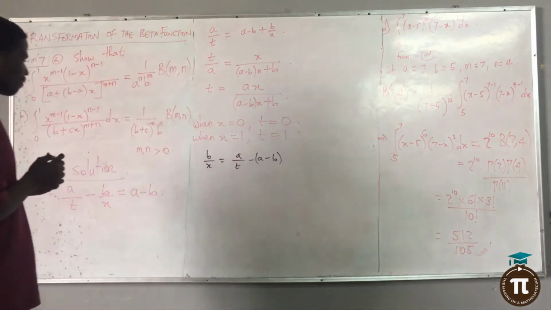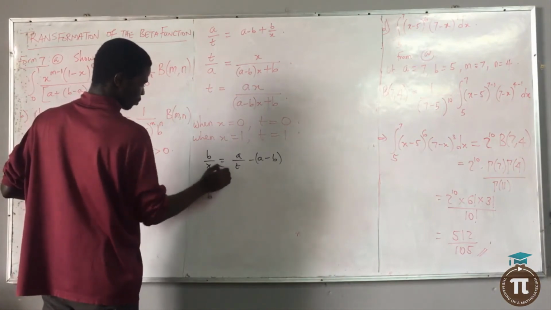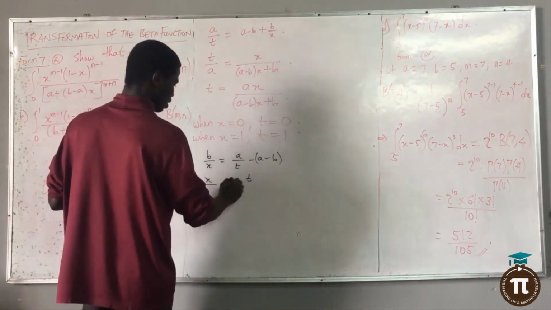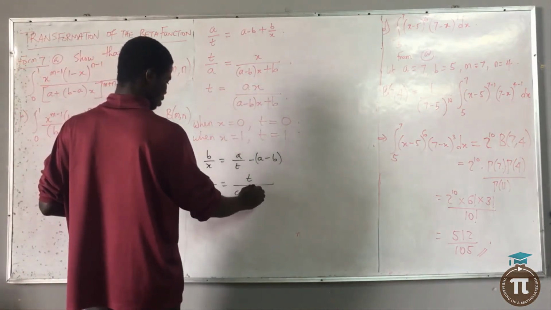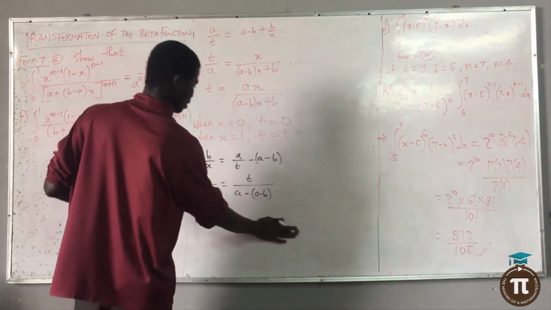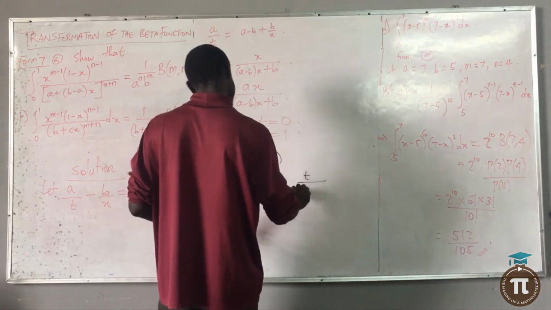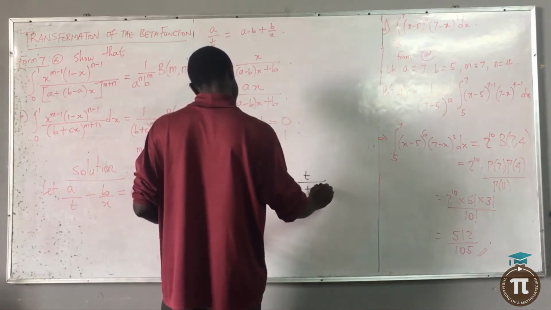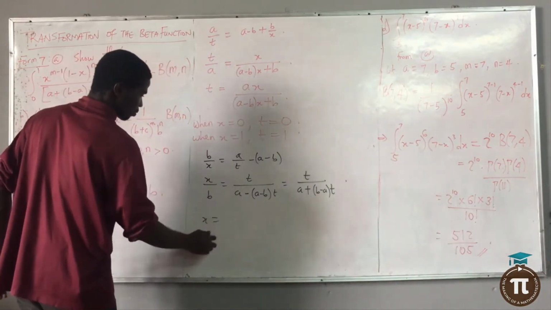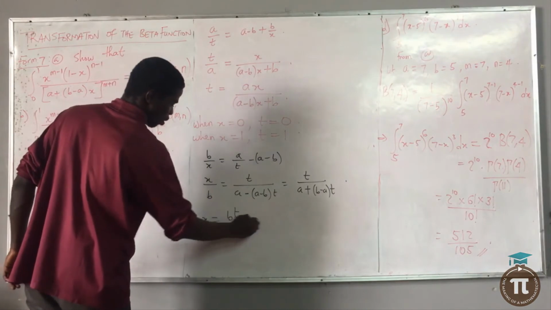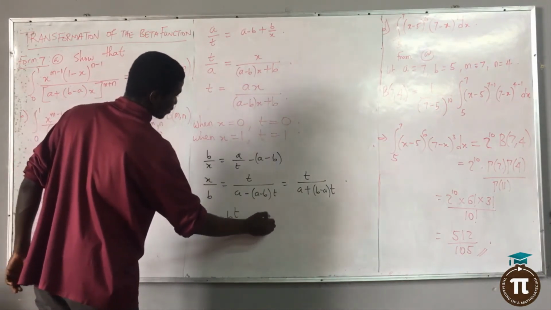So that s over b, reciprocate again, will be t over a minus bt. Another way to write this is t over a plus b minus at. So take b to the other side, s will now be equal to bt over a plus b minus at.